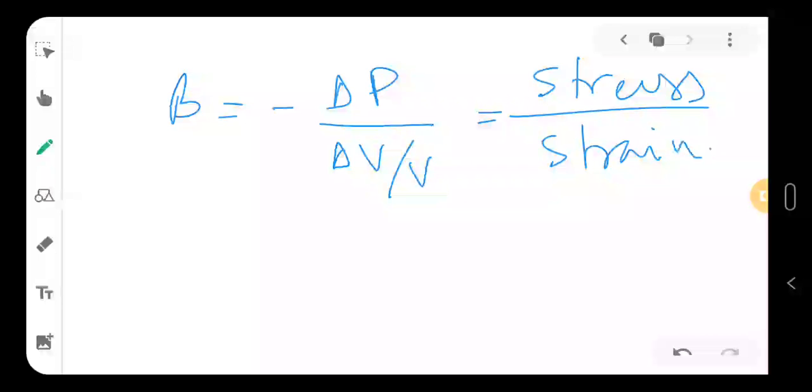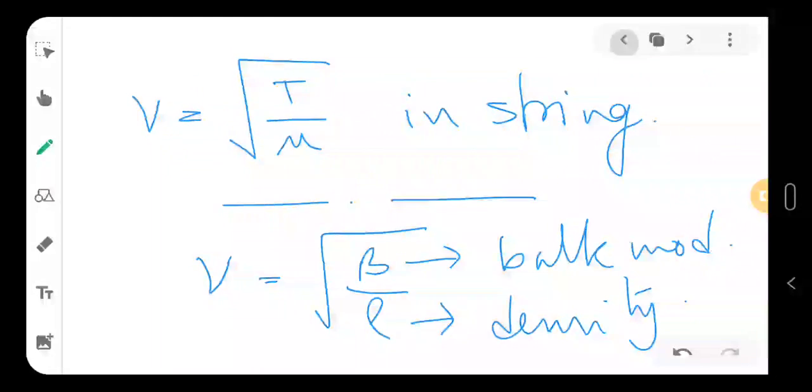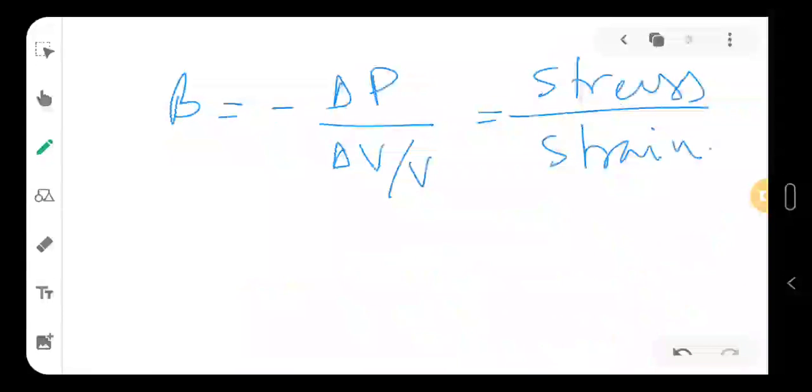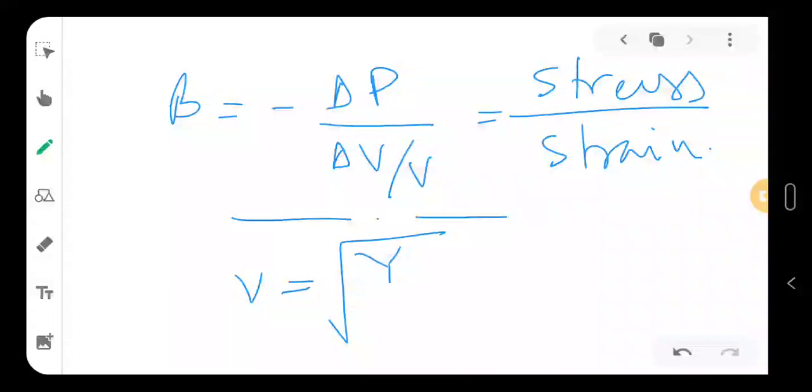In the same way, using dimensional analysis, we can find this also in the case of an air column. Now in the case of a rod, like the string we have discussed, the velocity will be root over Young's modulus by rho. And in the same way we can find all of these.